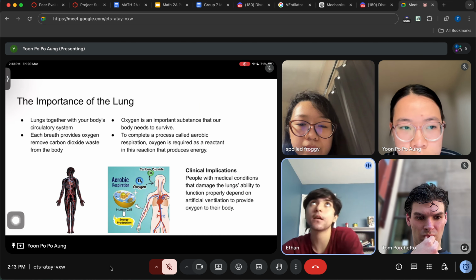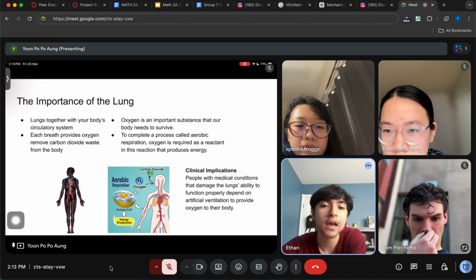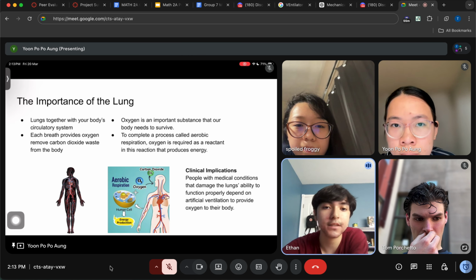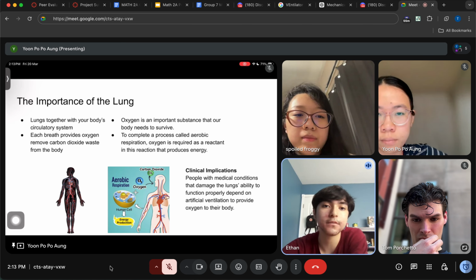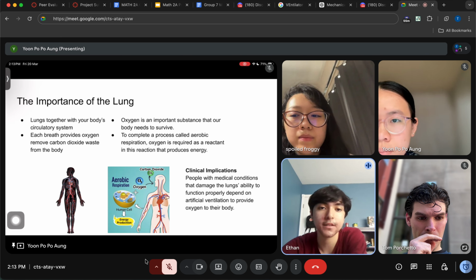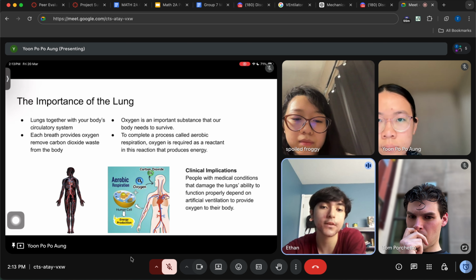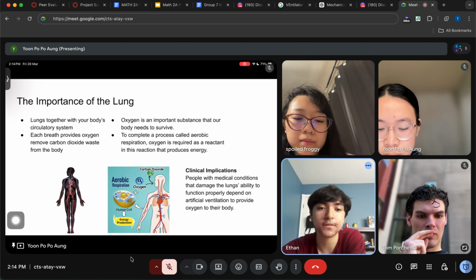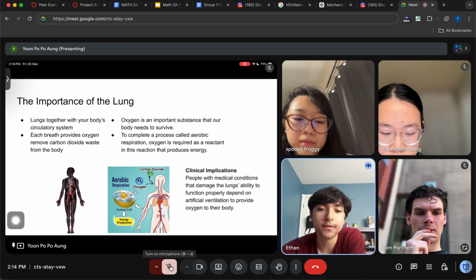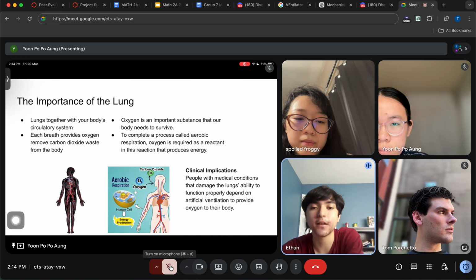Each breath provides fresh oxygen, which is used by your cells to participate in a process called aerobic respiration, where your cells basically take the oxygen and other reactants to produce energy for your body to function. And that's why oxygen is such an important substance that your body needs to survive. And the way you get it is through your lungs. So for people with medical conditions that alter their ability to breathe in and out because of damaged lungs or other conditions that decrease their function, these people need artificial ventilation so that they get the necessary oxygen their body needs.